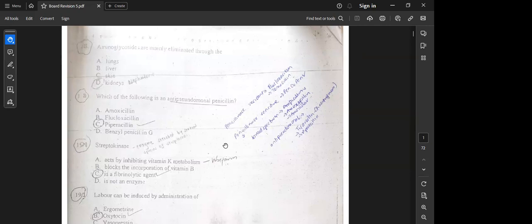So which of the following is an anti-pseudomonas penicillin? Okay. We need a crash course on this one. I remember them, but only the big picture.